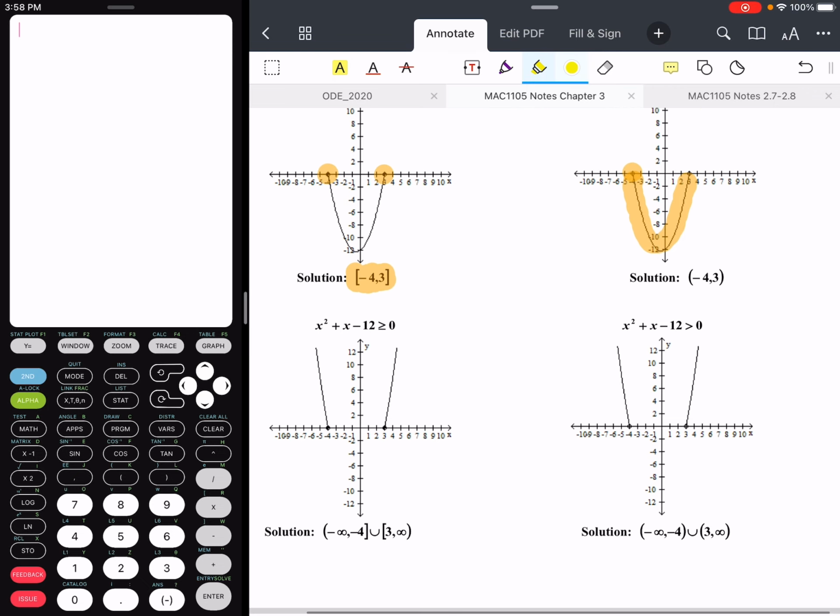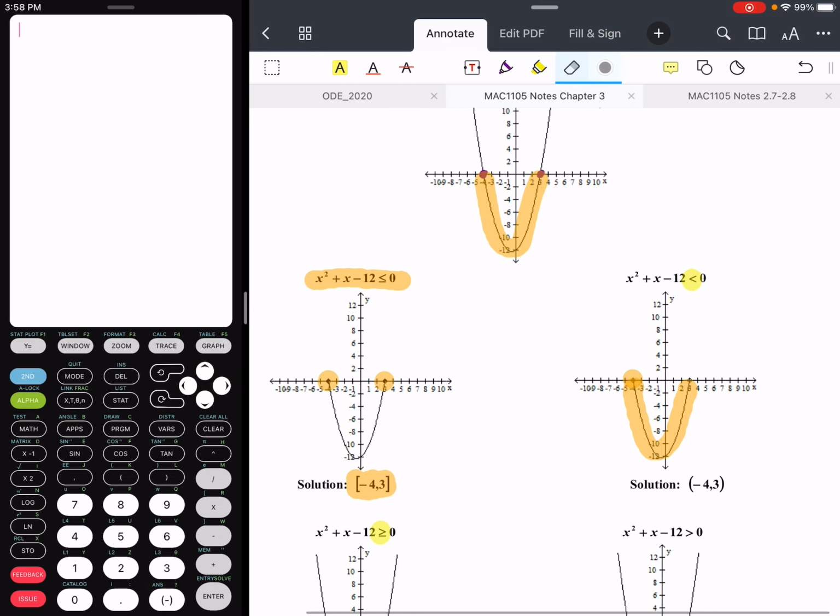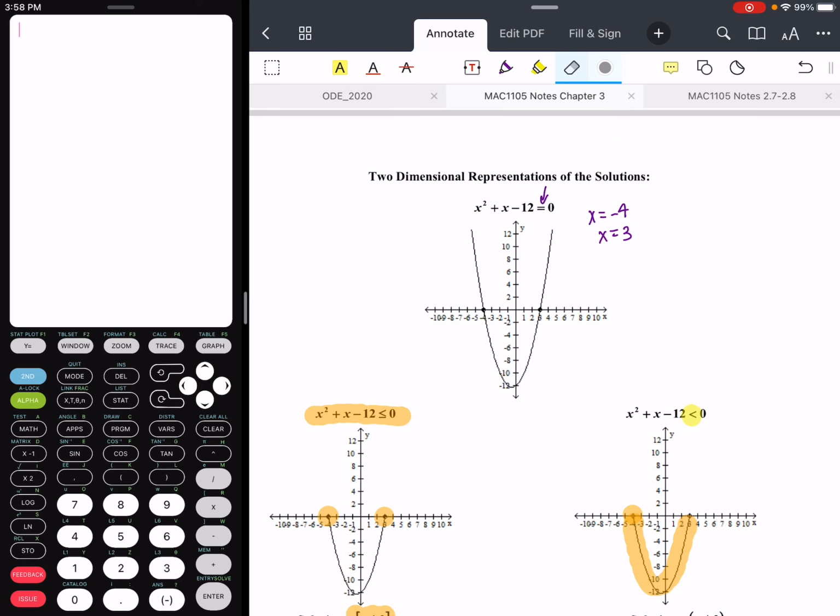And then in our last two cases, x squared plus x minus 12 is greater than or equal to 0. So now we want to be above our x-axis in positive territory, right? So we want to be above our horizontal x-axis.